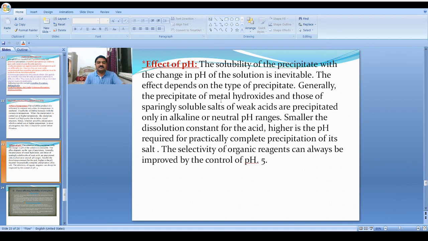Generally, the precipitates of the metal hydroxides and those of strongly soluble salts of weak acids precipitate only in alkaline and neutral pH ranges. The smaller the dissociation constant for the acid, the higher is the pH required for practically complete precipitation of its salt. The selectivity of organic reagents can also be improved by the control of pH.